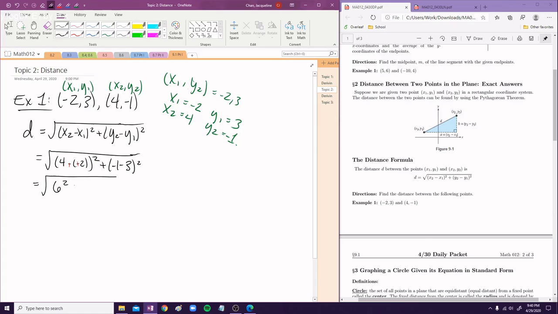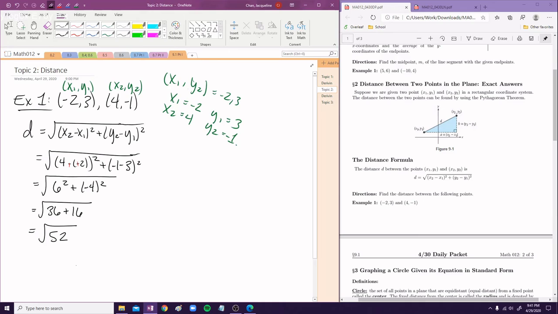So this becomes 6 squared. And then -1 minus 3 is also -1 plus -3, so this is -4 quantity squared. 6 squared is 36. -4 quantity squared is 16. 36 plus 16 is 52.